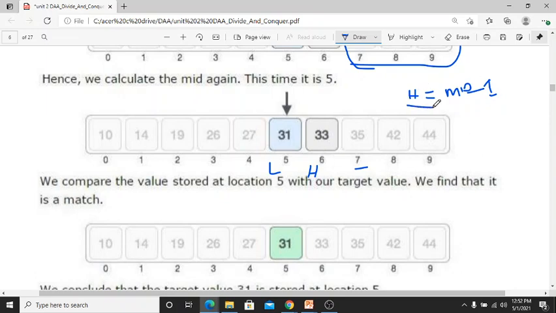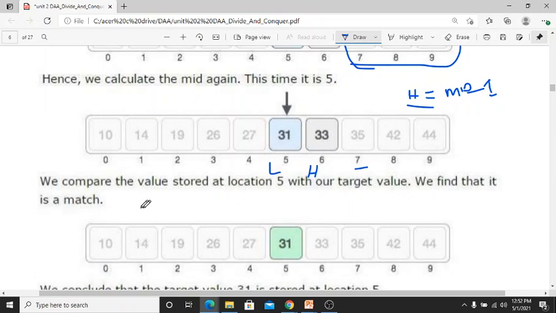Now, in the same way, whenever we are going to the right-hand side, we should increase the low: whatever mid value we get, mid plus 1 gives the low value. So whenever you are coming to the left-hand side, only the high value will change. Whenever you are going to the right-hand side, the low value will change.